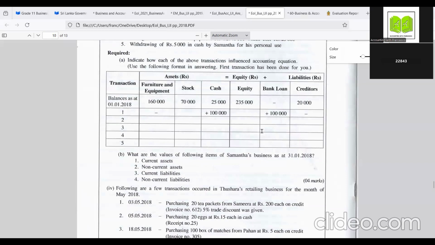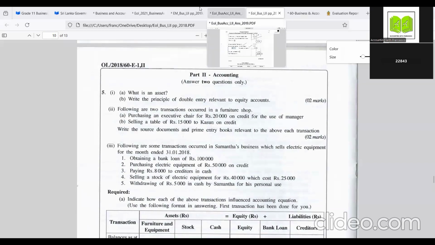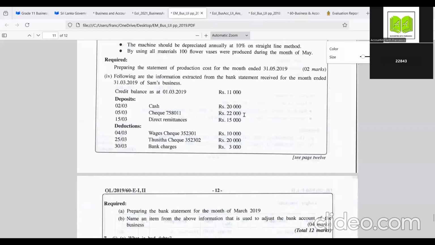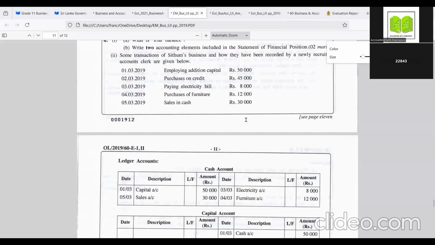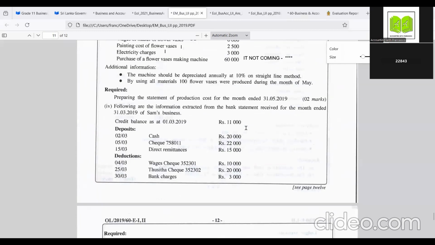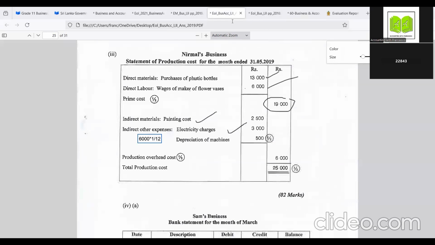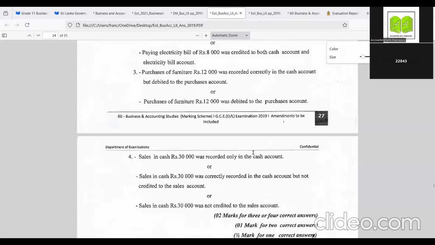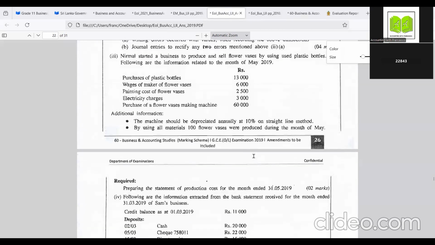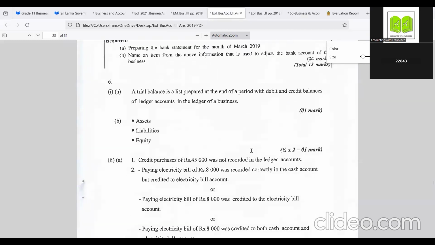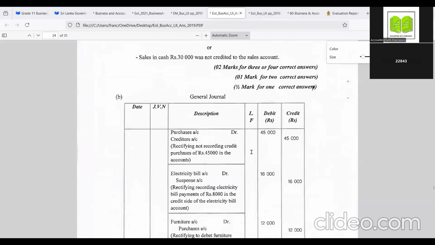Please be very attentive to this bank statement. 2019, question number 6, Roman number 4. I'll take the marking as well with this so that it will be easy to elaborate the answer.